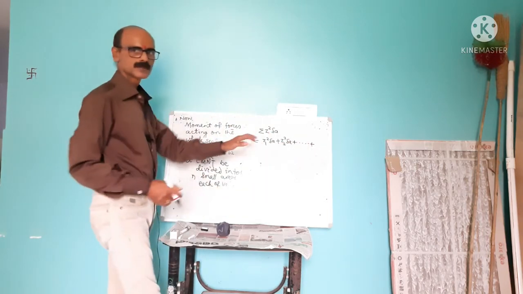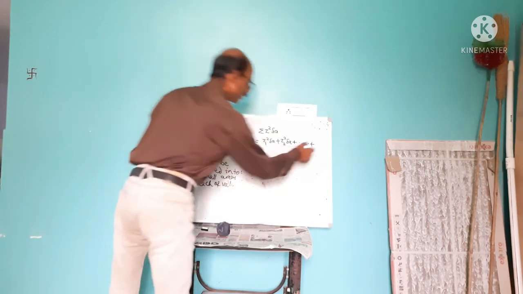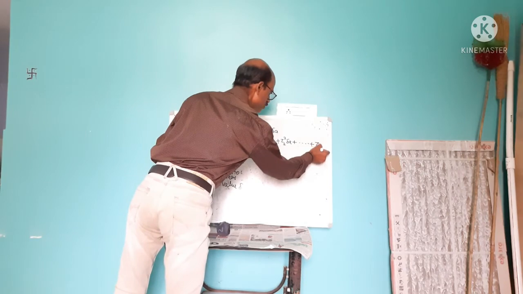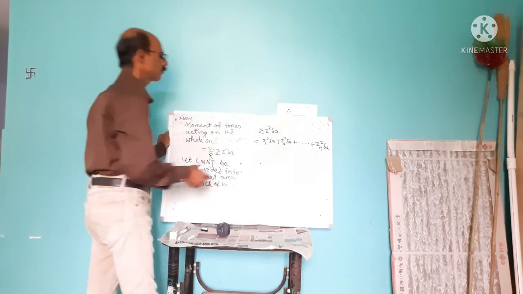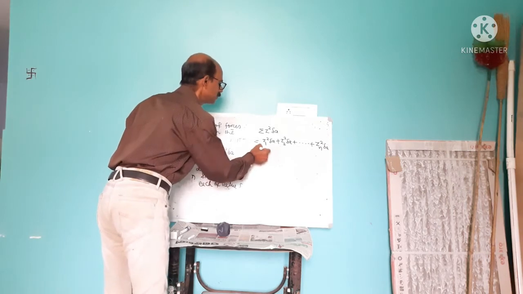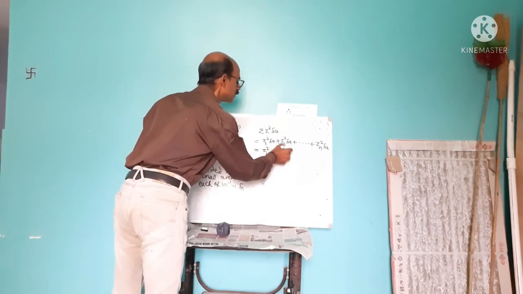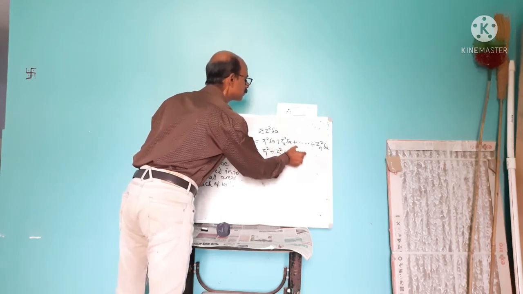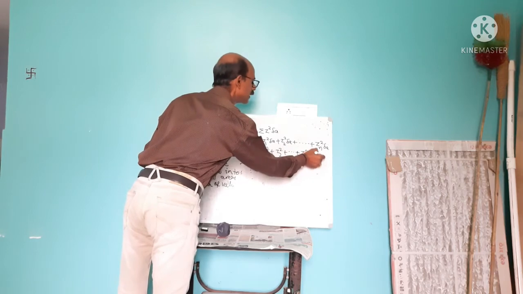Into how many parts have we divided? N parts. Therefore, we will write Zn square delta A. Now take delta A common: Z1 square plus Z2 square plus dot dot dot plus Zn square, delta A taken common.